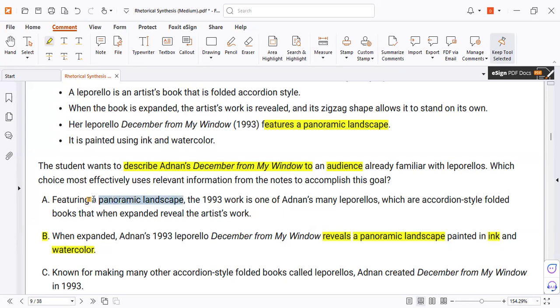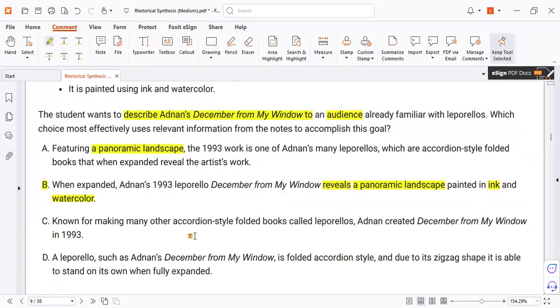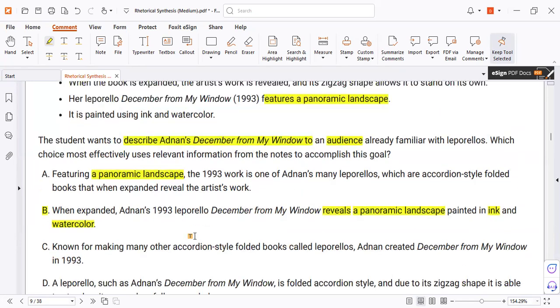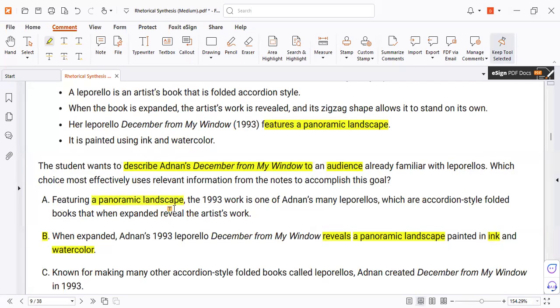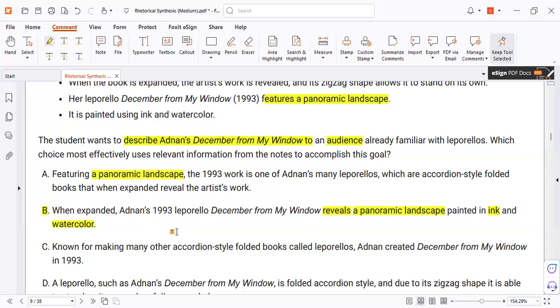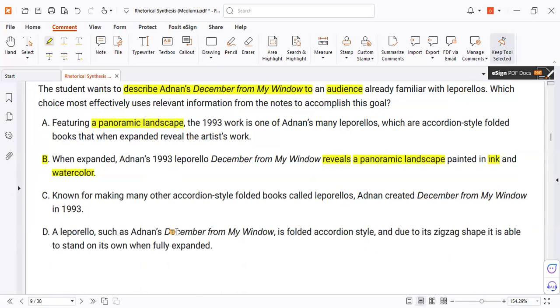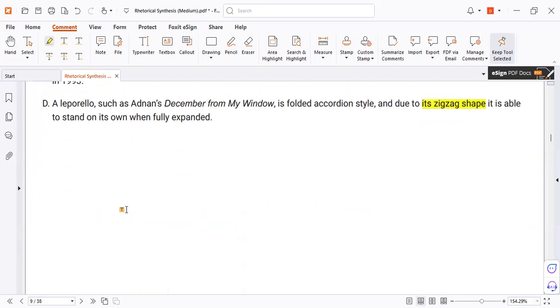We have only the landscape. Feel it? Letter C, he mentioned information, but not to describe. So that means B is stronger for the question. Here he mentioned its exact shape, okay, but he didn't mention directly the panoramic landscape and the colors. So B is stronger in description.